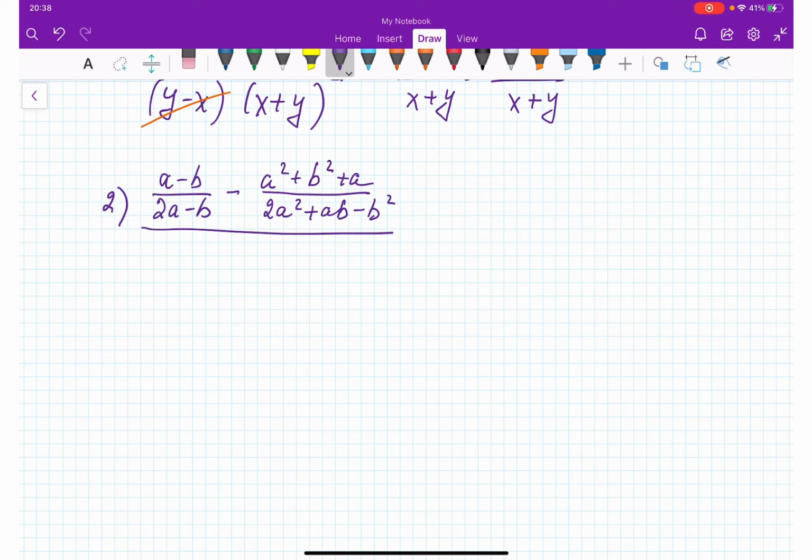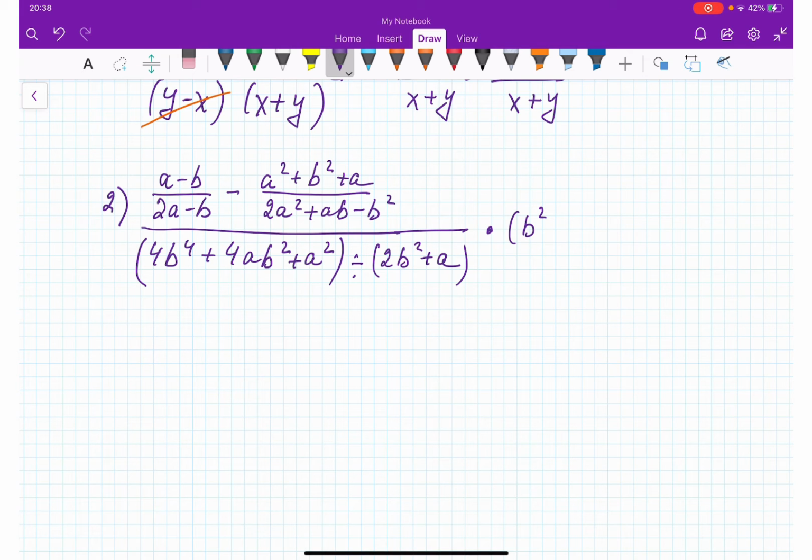And all this I'm going to divide by (4b to the 4 plus 4ab squared plus a squared), divided by (2b squared plus a), and all that times (b squared plus b plus ab plus a).